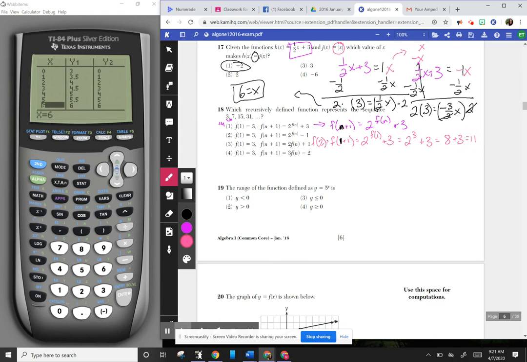And 11 is not our second number, 7 is. So it's not number 1. Okay, let's try option 2.